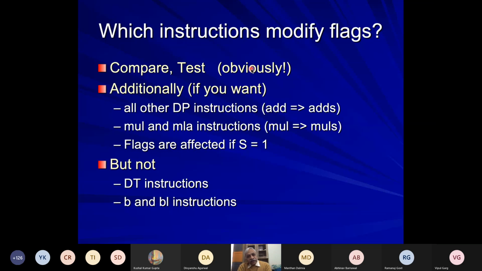there is a question of, suppose you are doing addition, and the second operand is being shifted. We have talked about how in the process of shifting, one bit goes to the carry. On the other hand, addition itself has some carry definition. So one of the two is going to override.